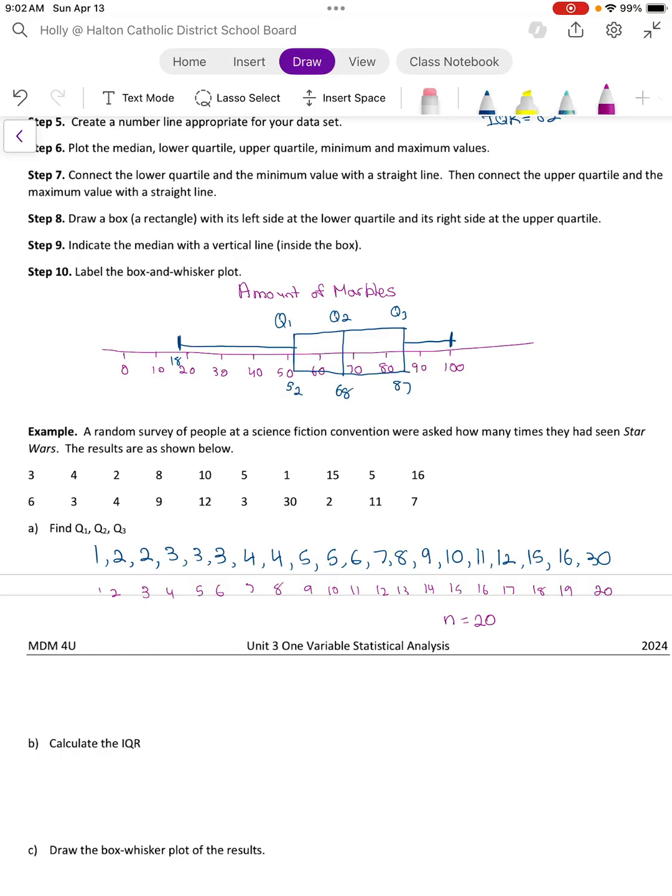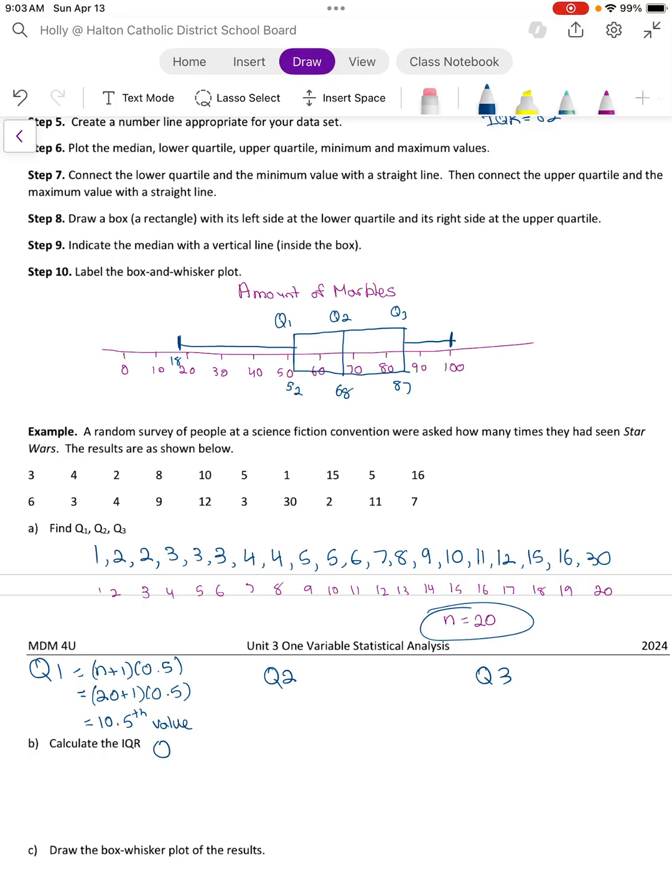Okay, so now let's find our Q1, our Q2, and our Q3. So Q1, using the formula, n plus 1 times 0.5. We labeled n is equal to 20. And so 21 times 0.5 gives me 10.5, so the 10.5 value.